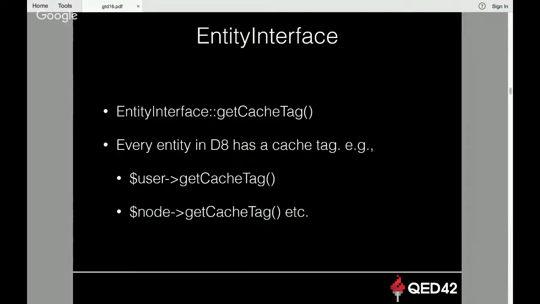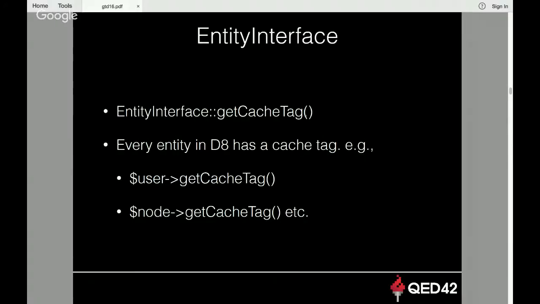It's declared as a function in the interface. So if you're creating a custom entity, you would obviously implement this interface and provide the definition for your getCacheTags function manually, and in there you could declare whatever cache tags you want. Okay.